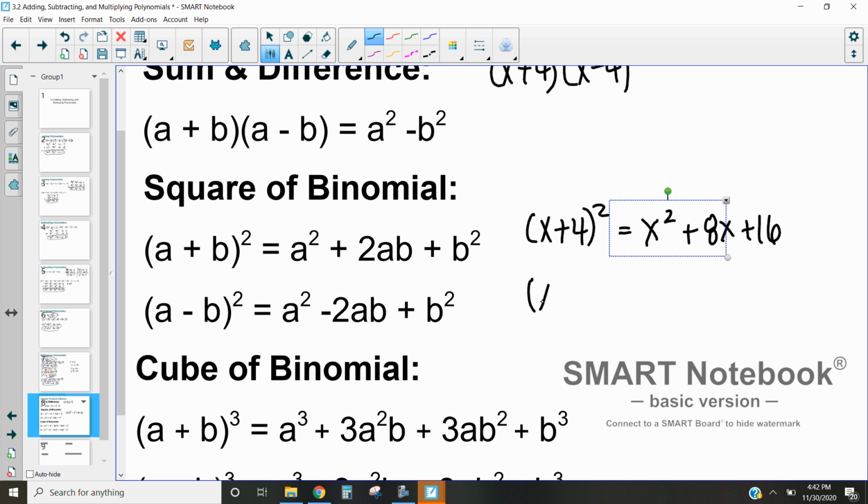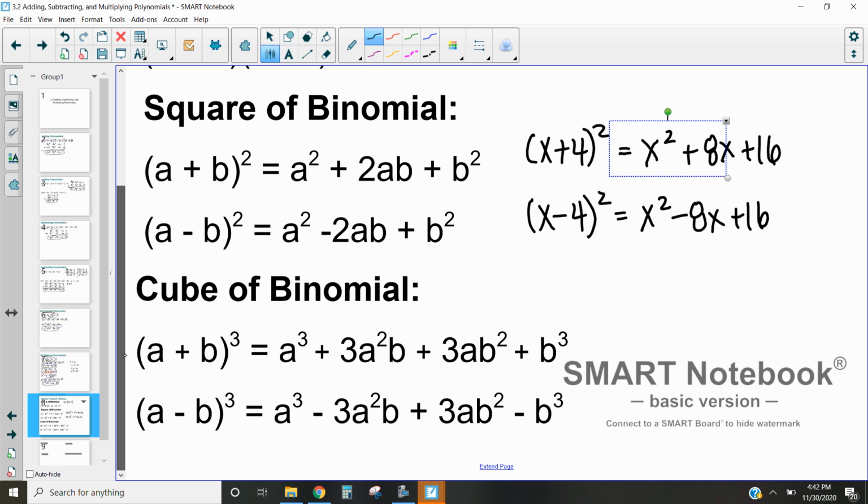Similarly, when we have a subtraction problem like x minus 4 squared, that difference of a square binomial, we get the same thing, but our sign is whatever matches the middle. If it's a plus here, we get a plus. If it's a minus, it's a minus. So this one will be x squared minus 8x plus 16. Notice how the last term is always positive.